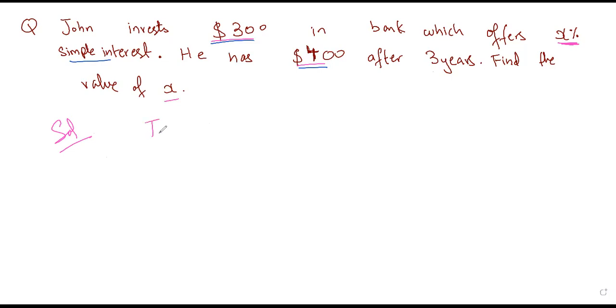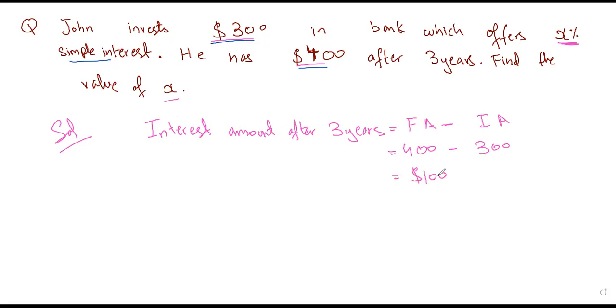So interest amount after 3 years would be equal to what? Final amount minus initial amount, obviously. So finally, he has $400. Initially, he had 300. This means that by the end of 3 years, he was able to earn an interest amount of $100.